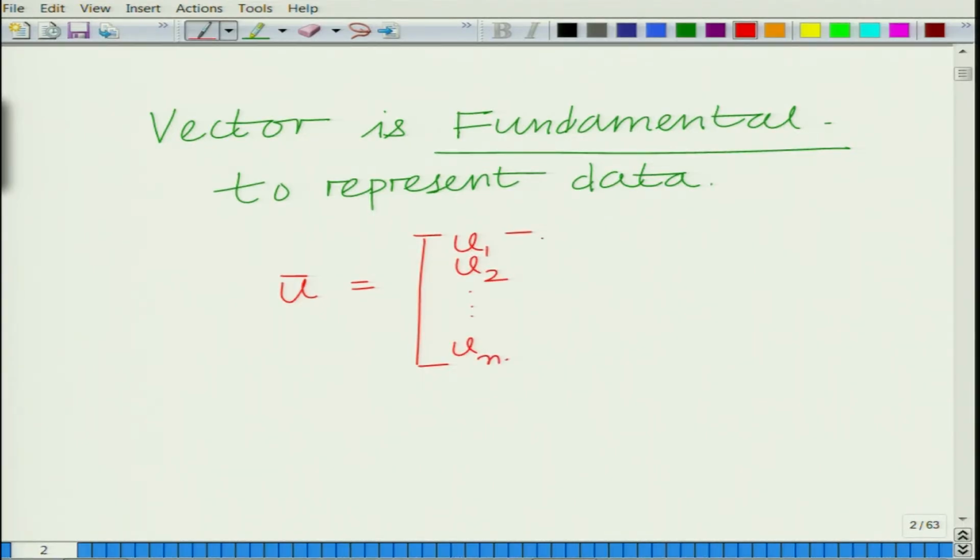comprising of the elements, or we say the components u1 u2 un. This is we say an n dimensional vector, correct.